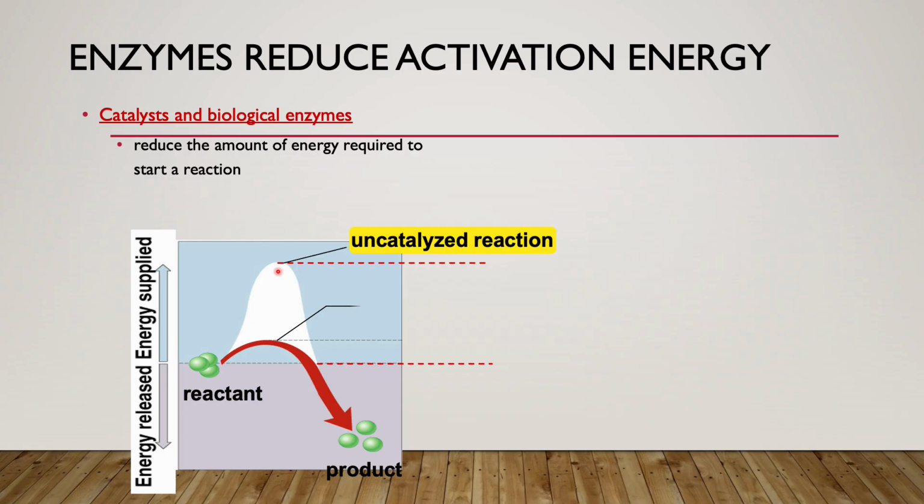But in a catalyzed reaction, adding in that catalyst lowers the hill, which lowers my activation energy. This is going to represent my new activation energy, a much smaller amount. Again, my starting amount and my ending amount are still the same.